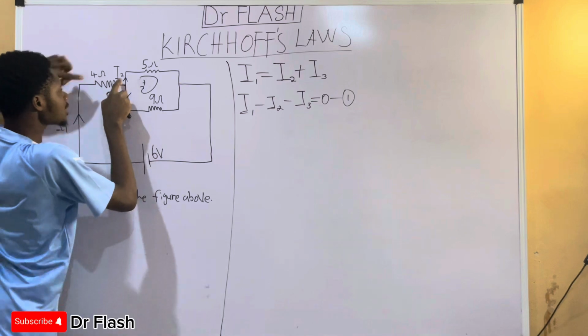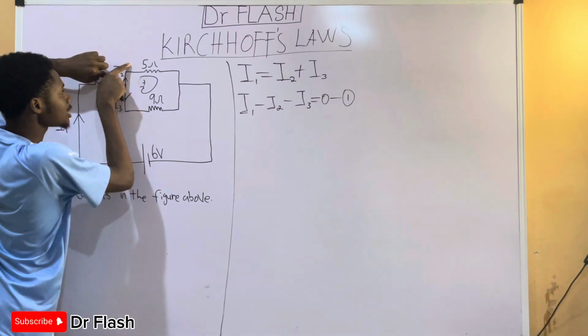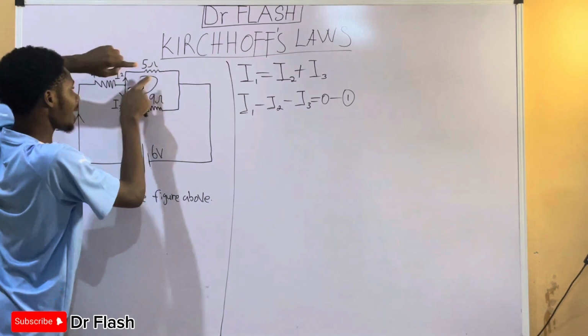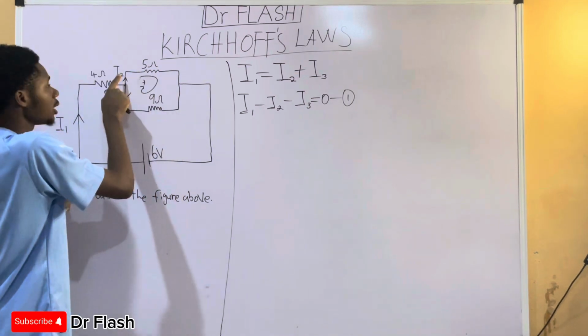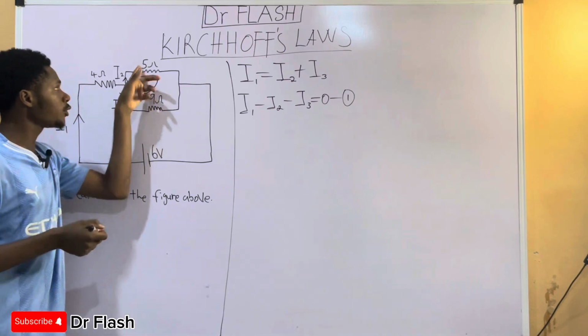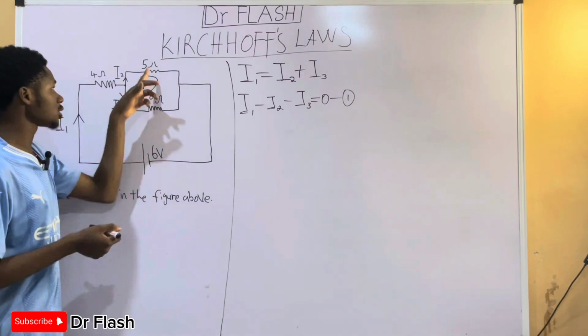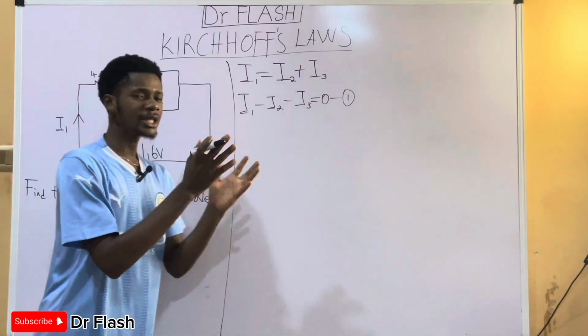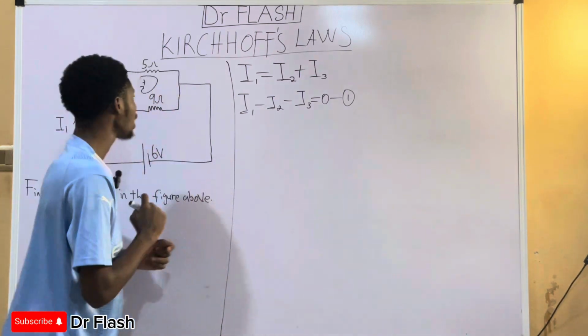Since I2 is moving, that is, entering this resistor, remember we said if you are going in the same direction as the current, the voltage across the element, which in this case is a resistor, will be negative, because we are going in the same direction as the current.